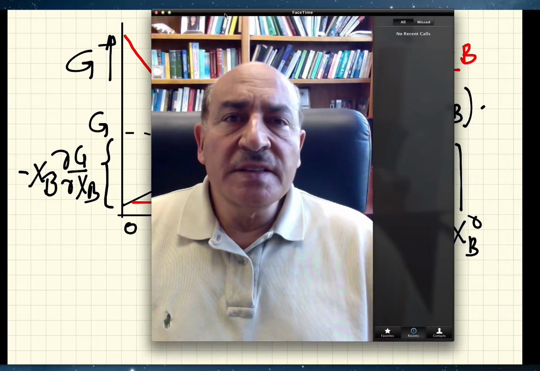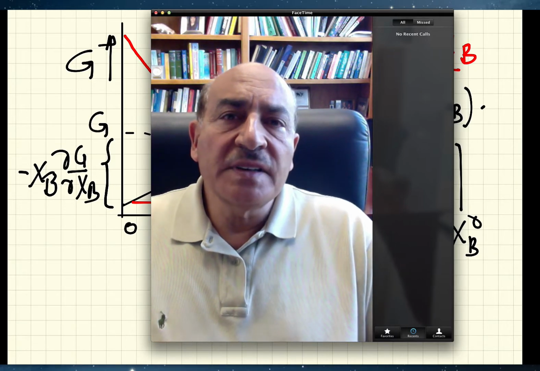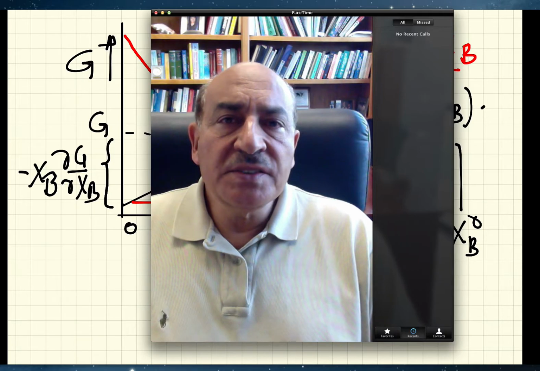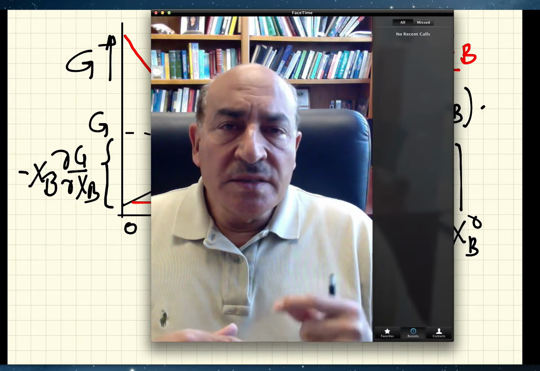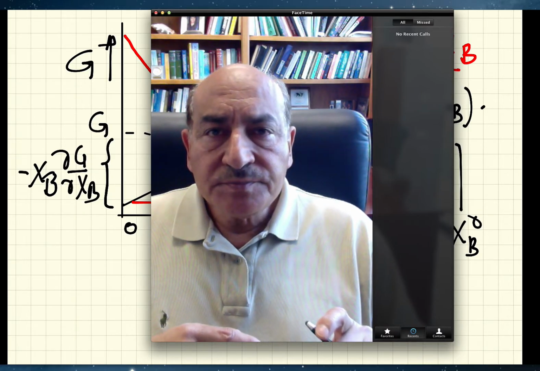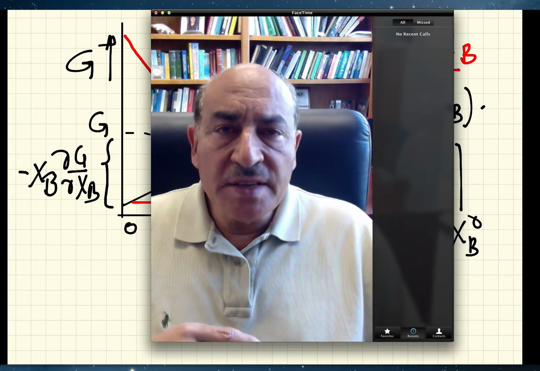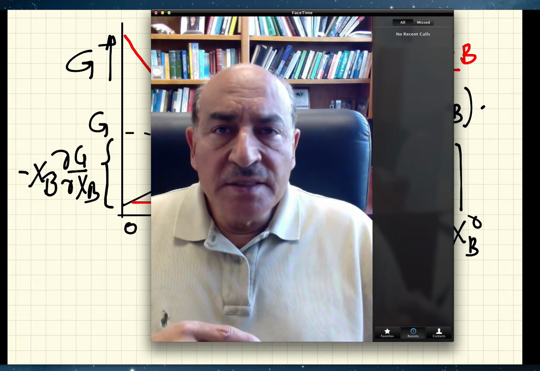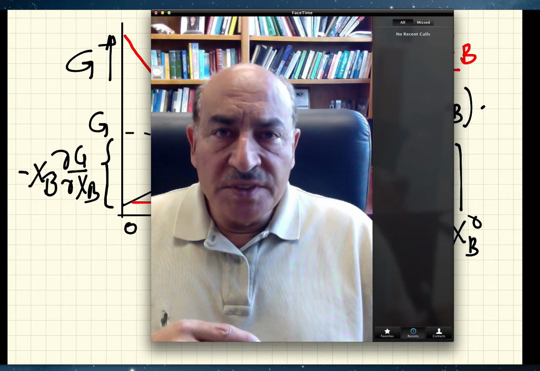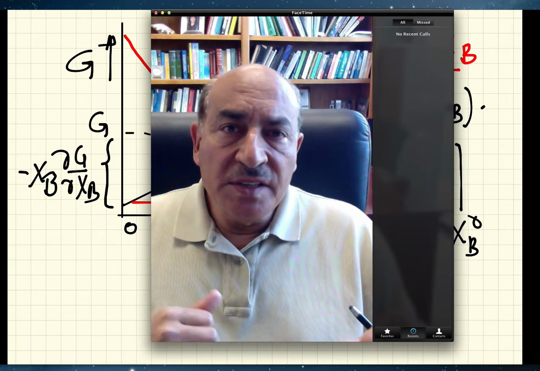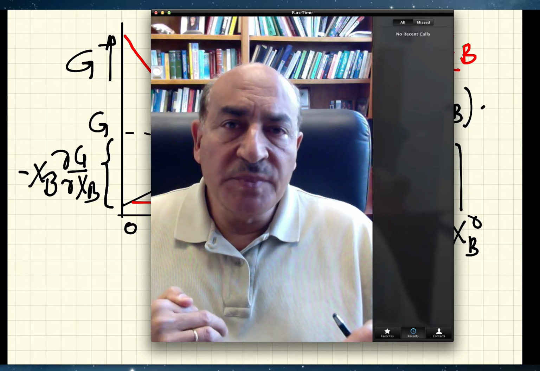As you can see, the concept we're developing graphically is a reflection of either of these two equations. The equation tells us that mu is equal to G plus a little bit or minus a little bit. If it is on the b side, where x sub b equals 1, it will be plus the distance, which is 1 minus x sub b, times the slope, dG by dx sub b.